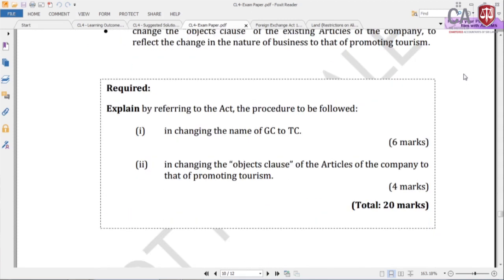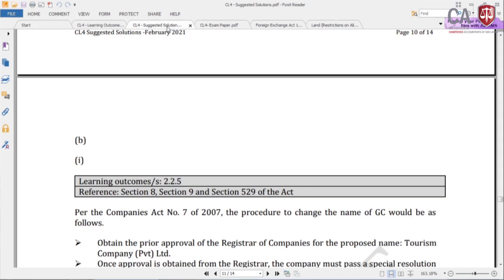Now you are required to explain by referring to the Act the procedure to be followed in changing the name. First of all, we will look at the provisions with respect to the changing of the names. I have dealt with these things, so let us see how you should write your answer.